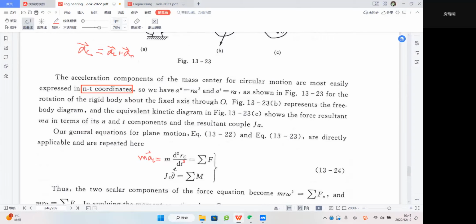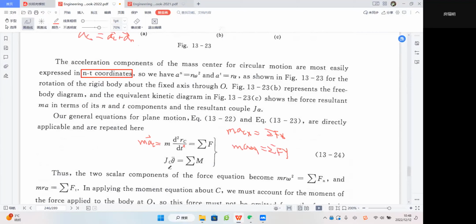And we can do the projection of this equation onto the x-axis and the y-axis respectively. Then we will have the same thing, which is M ACX equal sigma Fx, and M ACY will equal sigma Fy, right?